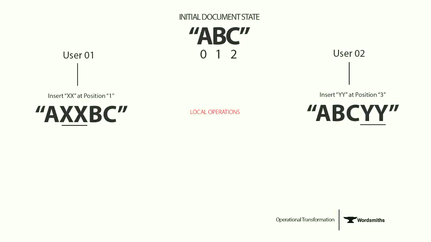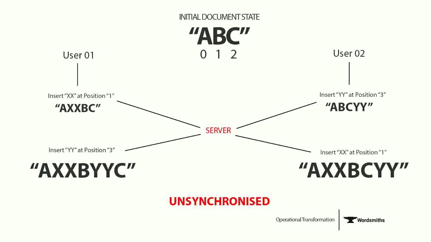They both apply this locally, and they end up at 2 states, as shown. Once their operations get sent to the server so that they can be applied by the other user, you can see the issue that occurs. They both try to apply them naively, without changing the operation, and they end up in a state where they're unsynchronized, where they should be synchronized.